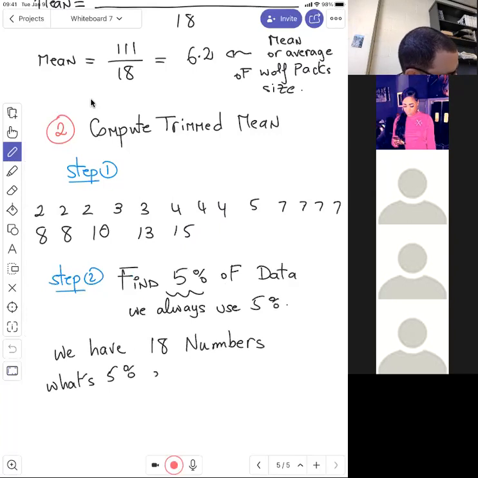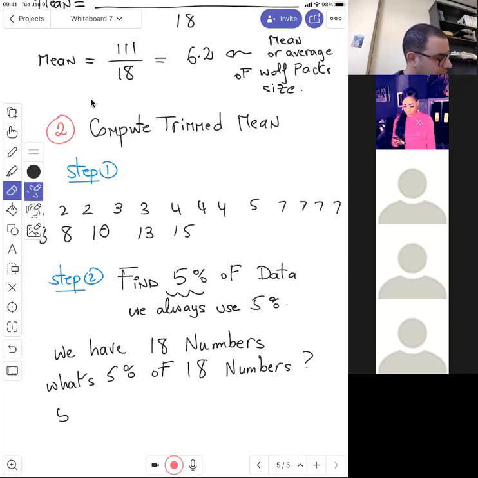What we do is we just multiply the 5% by 18. So we always multiply the percentage by the number of data values.